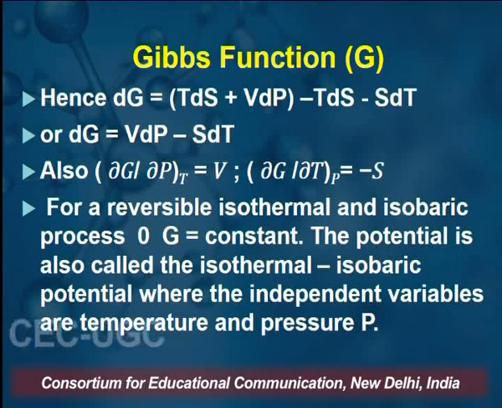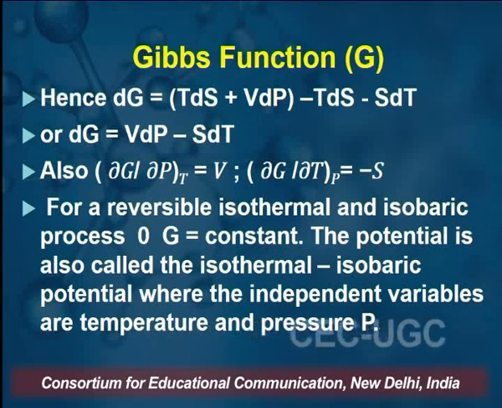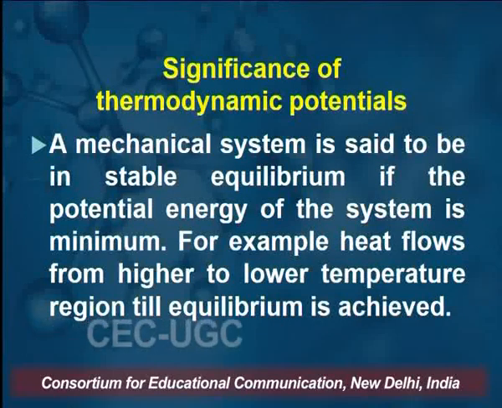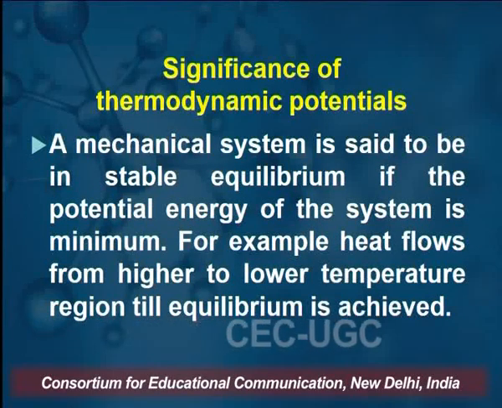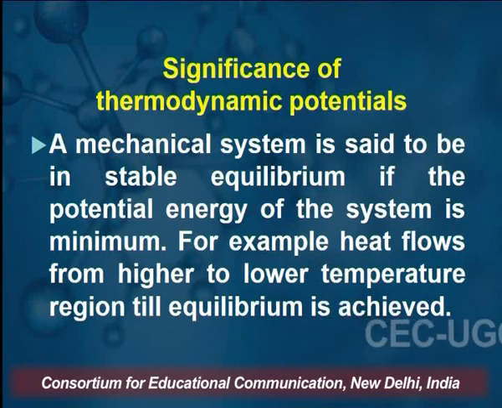Thus, the Gibbs function or the Gibbs potential is also called the isothermal isobaric potential, and the independent variables in this case are temperature and pressure, as you can see from the above equations. So these were the basic definitions of the four thermodynamic potentials.